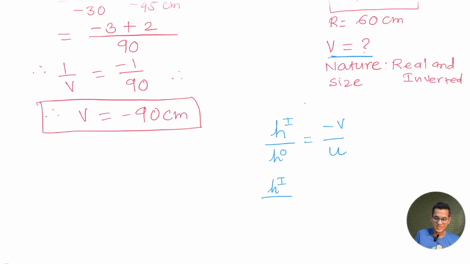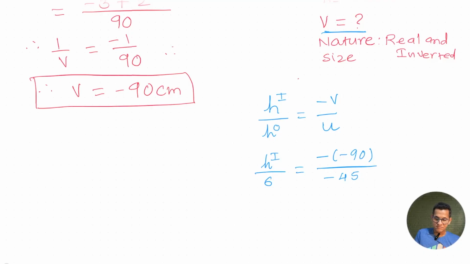Height of the object is given as 6 centimeters. Value of V we have found as negative 90. Now there is already one negative in the formula, so I'll write minus of minus 90 divided by U, which is negative 45.